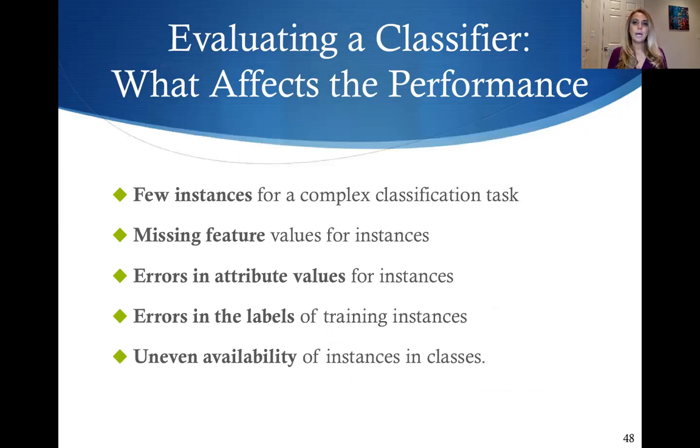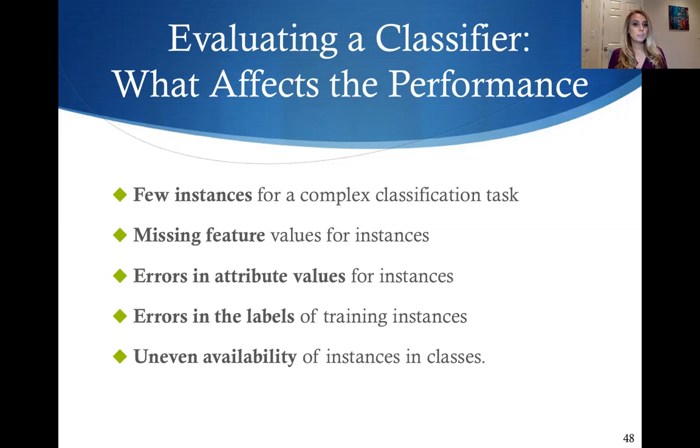Then we have several other aspects to consider. For example, few instances for a complex classification task: if we do not have enough examples with the correct tag or label, the annotated data is small and the task is very complicated.